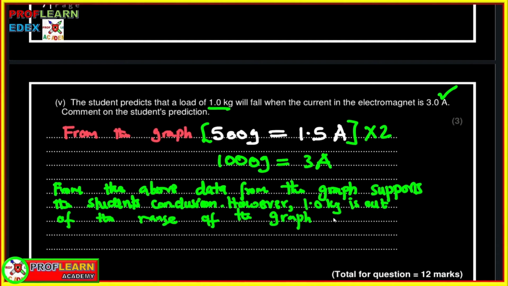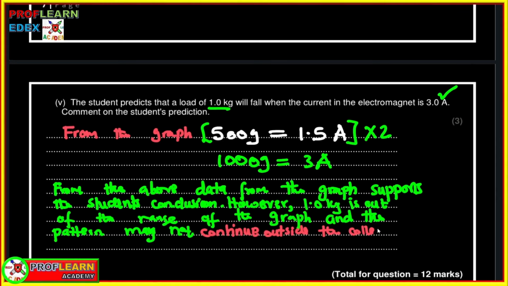So 1.0 kg is actually out of the range of the graph, and the pattern may not continue the way the data was before.